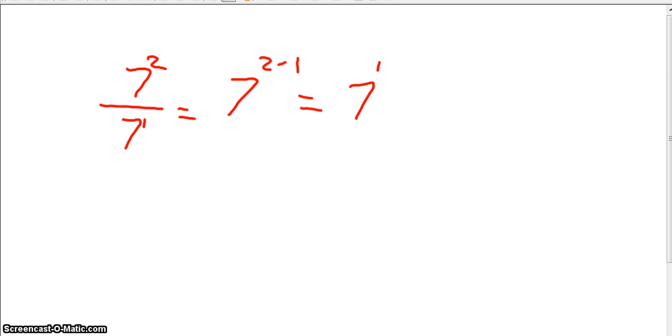Okay, so we were using the quotient property of exponents. And so we saw that if we have something like 7 squared over 7 to the first, you know that we actually have 7 to the 2 minus 1, right? We subtract the factor in the denominator from the 2 factors of 7 in the numerator, and we end up with 7 to the first, right?